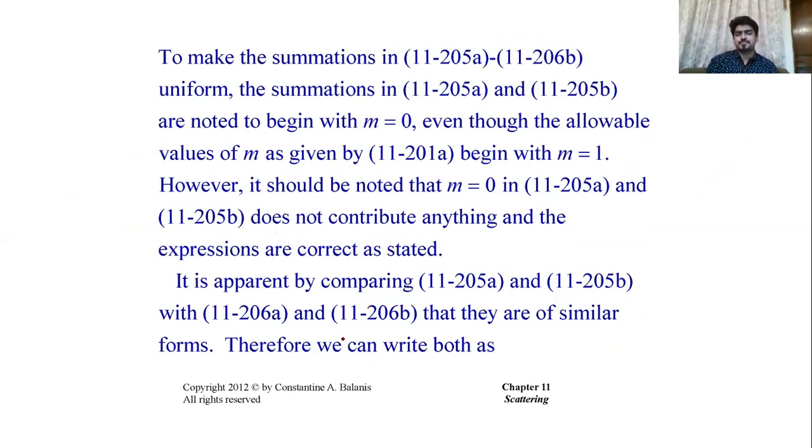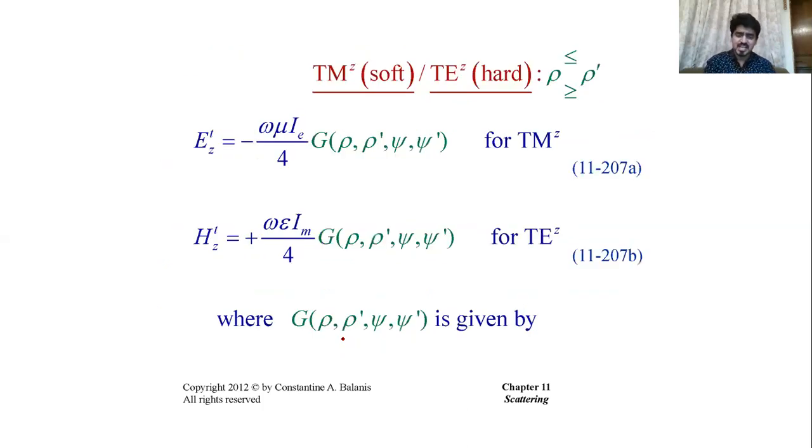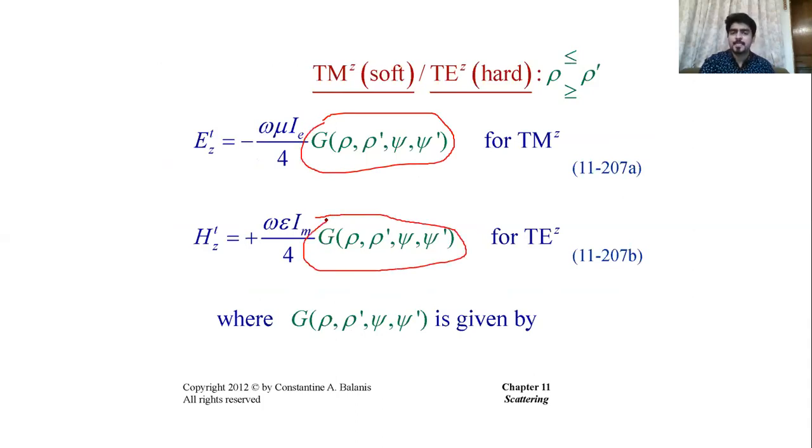And that's basically what happens when we do this transformation. We can reduce those expressions, and we can have some common expressions for both the polarizations. And when we do that, we are able to write those common functions as a Green's function. This terminology is primarily used in diffraction theory.